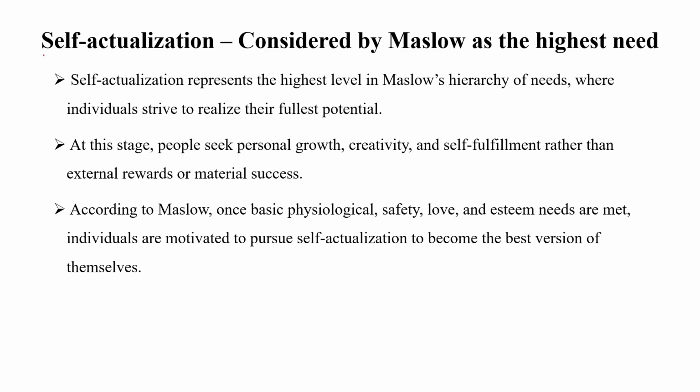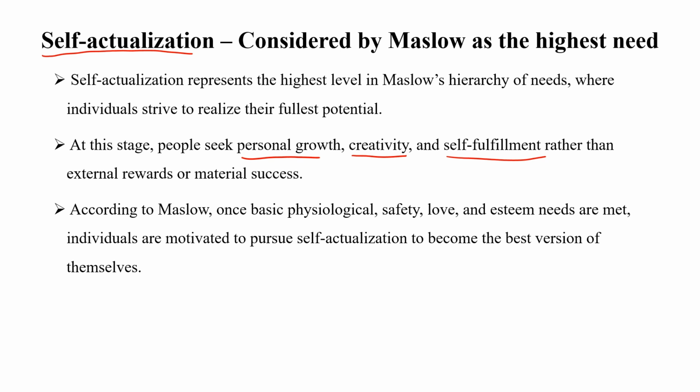Then we have self-actualization. This was given by Maslow, and it's considered the highest need according to Maslow. Self-actualization represents the highest level in Maslow's hierarchy of needs, where individuals strive to realize their fullest potential. At this stage, people seek personal growth, creativity, and self-fulfillment rather than external rewards or material success.